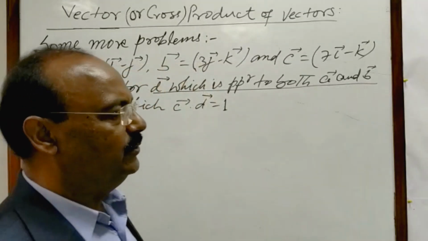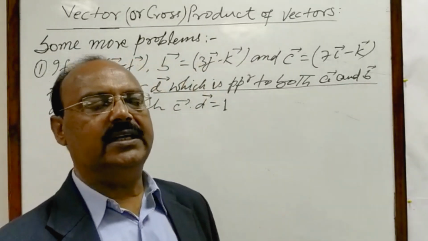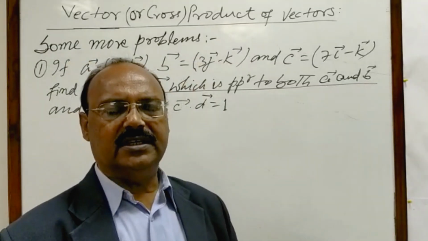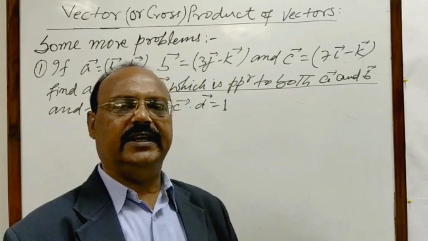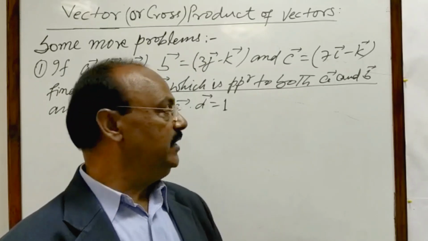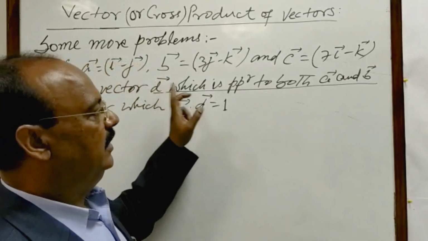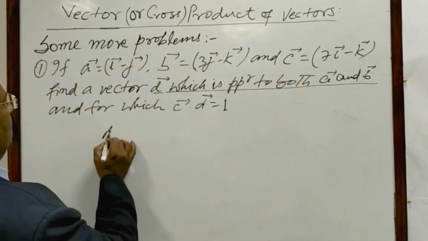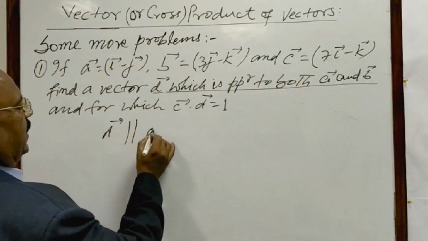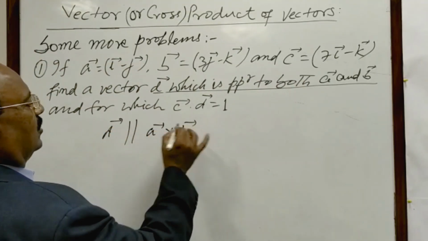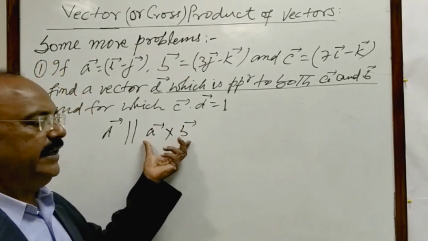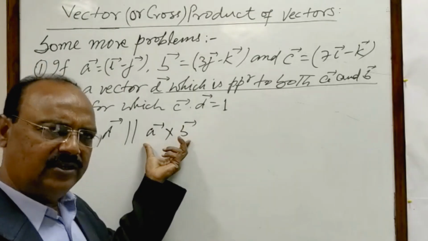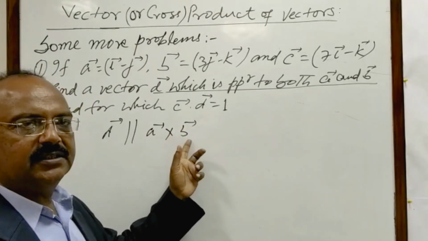In the previous video we have seen that A cross B is a vector which is perpendicular to each of both the vectors A and B. It means here this vector D is parallel to A cross B. Why? Because this vector A cross B is perpendicular to each of these two vectors.